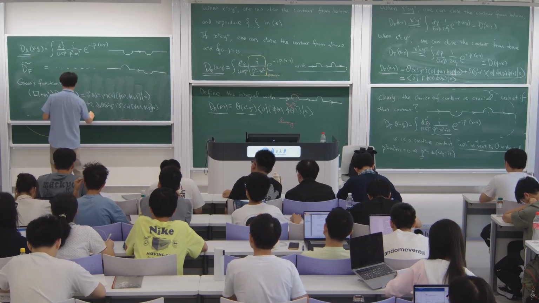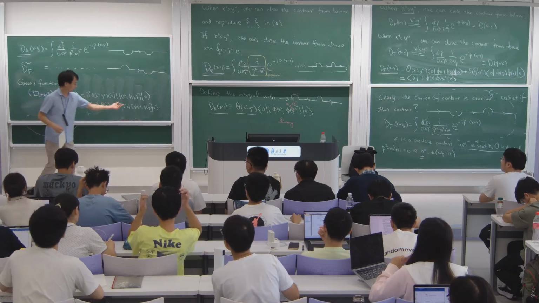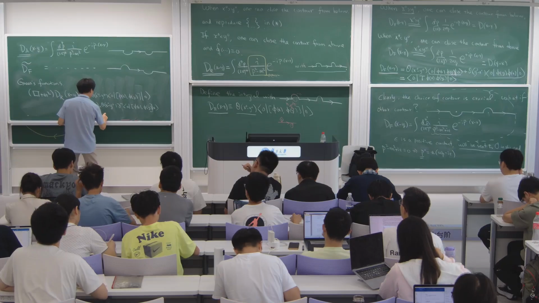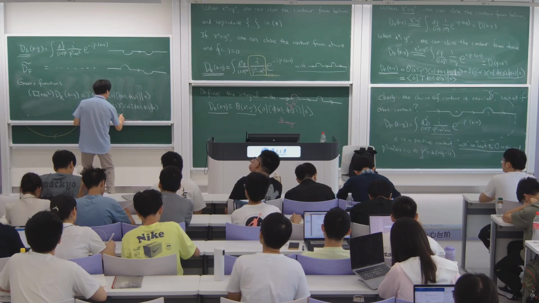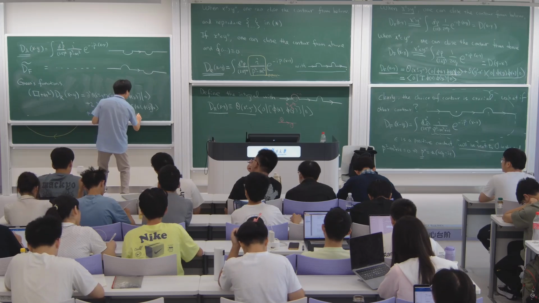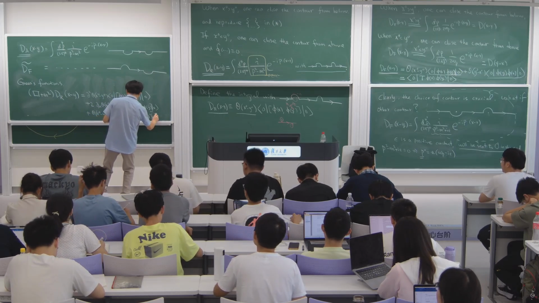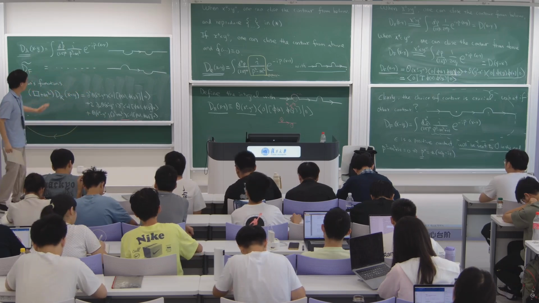And the last term will be the box acting on the commutator. Okay. That's it. Those three terms, right? Let's do it one by one.